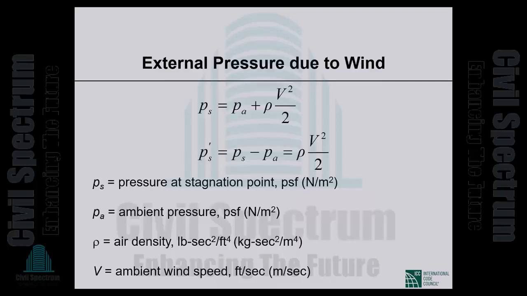So the external pressure due to wind is ambient pressure plus rho v squared by 2. The same term comes back, what we had in the expression for velocity pressure.